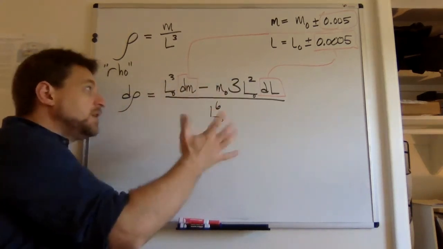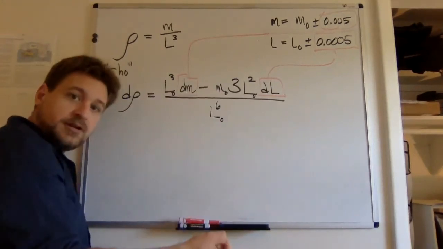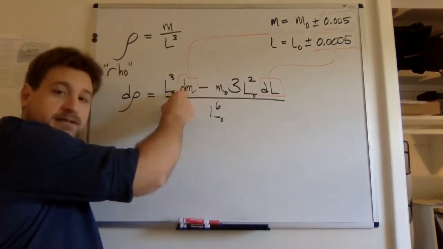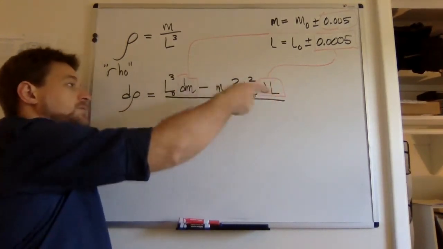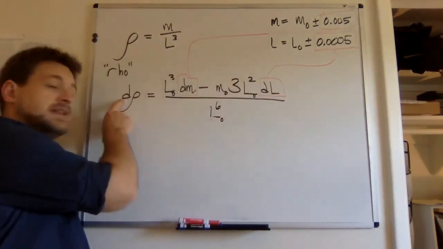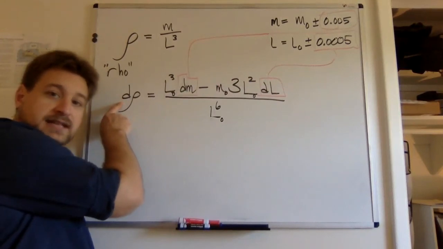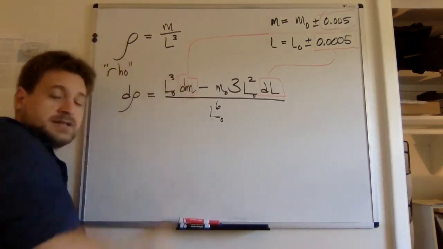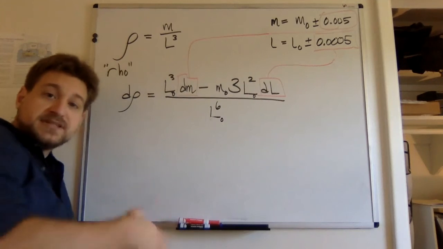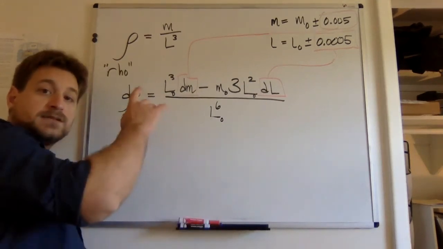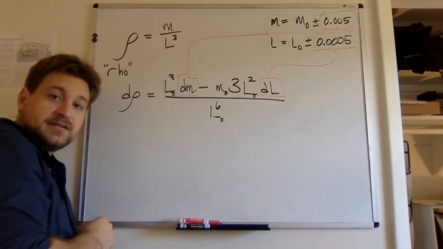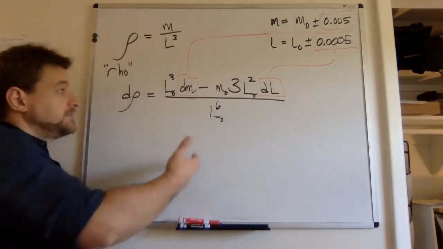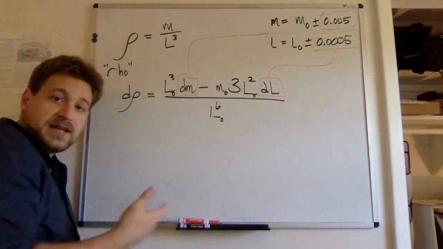But we could be wrong. There could be some small change in the mass, dm, some small change in the length, dL. How did those changes result in a small change in the density? This way. We can use implicit differentiation to estimate the small change in the density as a result of the small changes in the mass and the length.